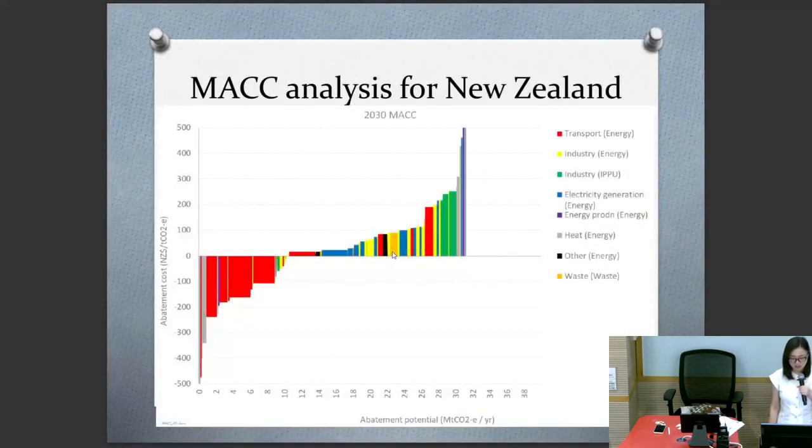This is an example of MACC analysis that I found for New Zealand. And you can see different implementation or different reduction projects. And these are all negative, so they all have negative costs. Most of them would be about transport.